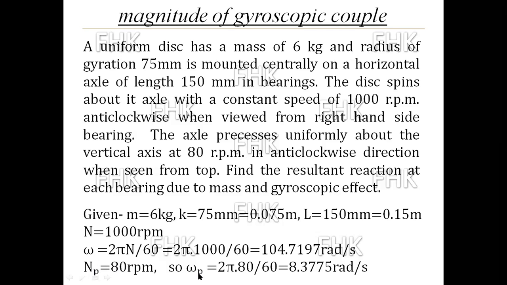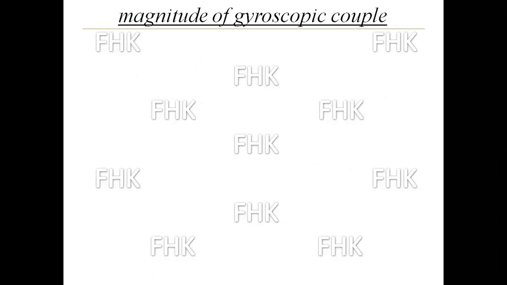Omega p is the angular velocity due to precession. So omega p is 2 pi into 80 divided by 60, that is 2 pi N upon 60. The value of omega p I am getting here is 8.3775 radian per second. This is our conversion for solving the numerical.